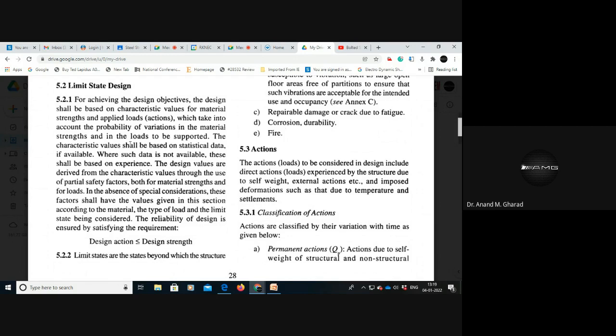In that, you must have understood why exactly we are applying these factors of safety. What is the purpose? And in limit state design, you will observe that these factors of safety are applied to the material and the load. Purpose. What is the purpose? Can anyone tell what was the purpose which we have discussed?